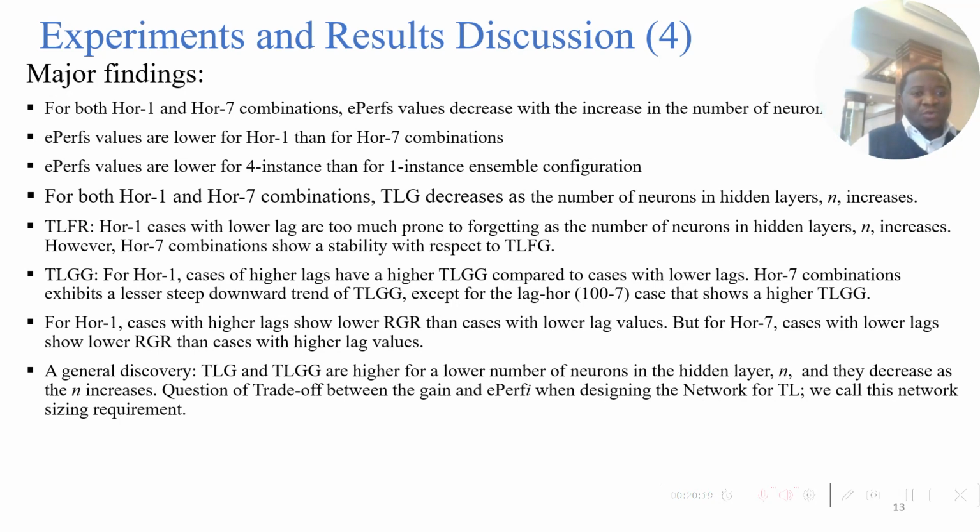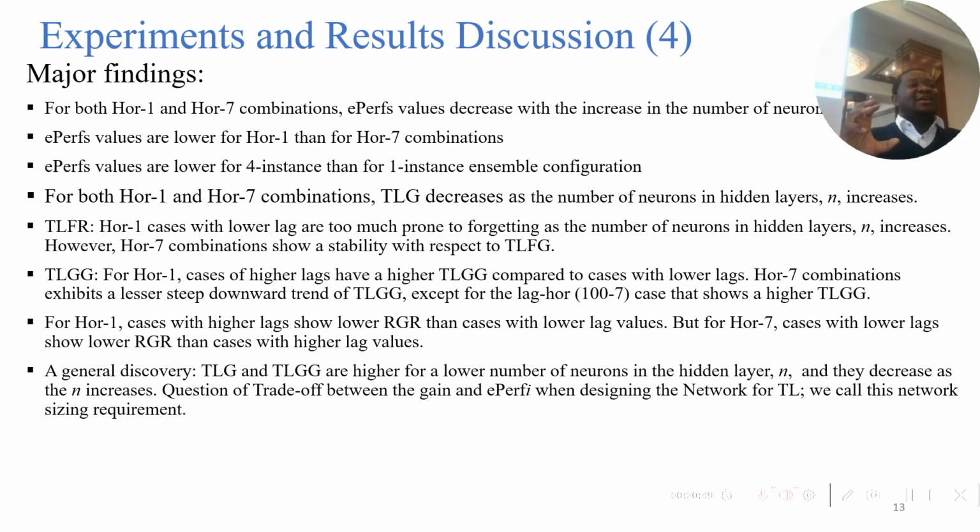Because of time, I can just go quickly to this last discovery. We saw that the transfer learning gains are higher for lower numbers of neurons. So we get a bigger transfer learning gain when we've got a smaller number of neurons. But the error decreases when you've got a bigger number of neurons.